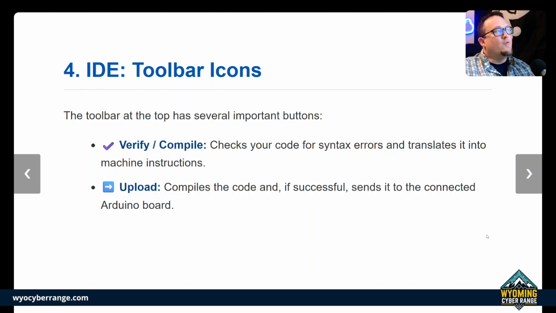We're not going to override the code on the Arduino board unless it has been verified. Now, you could just skip straight to the upload button, and even if you haven't compiled it before, it will then verify and compile and also upload to your connected board. This is assuming that you have your settings set up correctly. Remember, you're going to have to pick your board and your COM port when you first plug it in, just like we did in chapter 1 and 2.